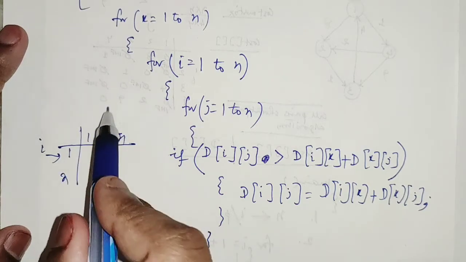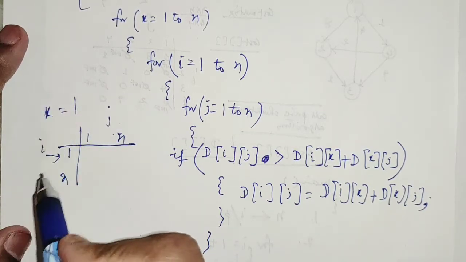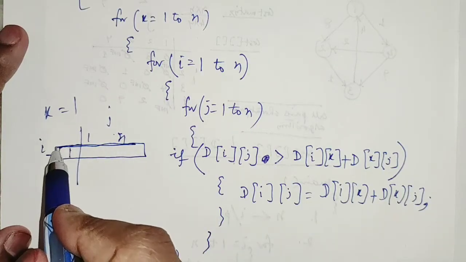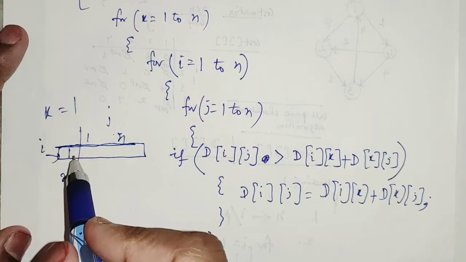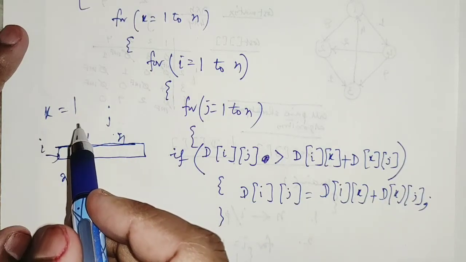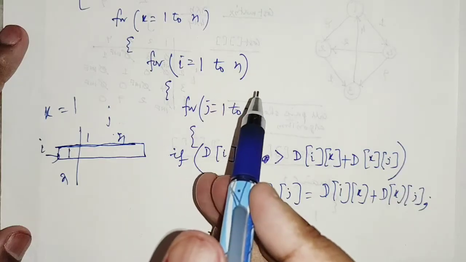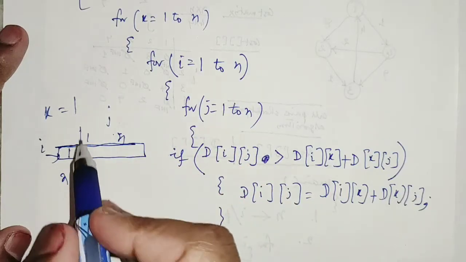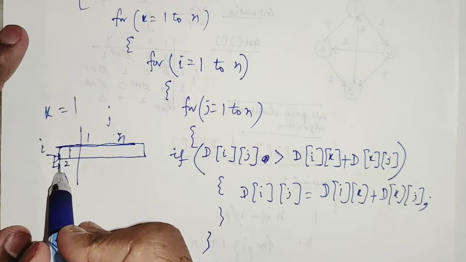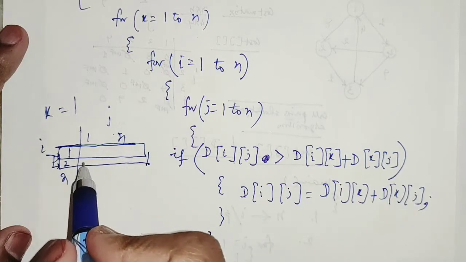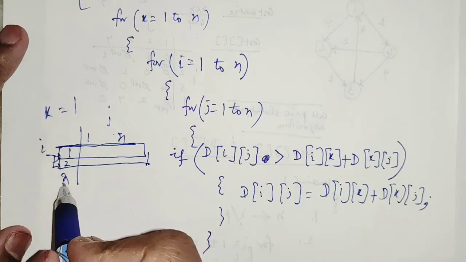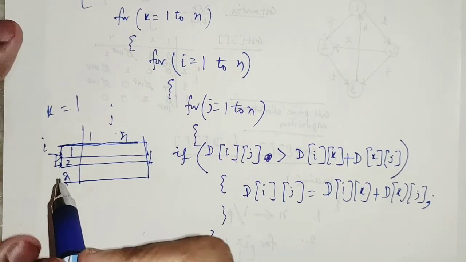For k equals 1, you are treating the first row, all columns. That means you are calculating the shortest path from 1 to the others using k equals 1. Then, using k equals 1, you go for i equals 2, checking 2 to the others, then 3 to the others. In that way you treat the full matrix.